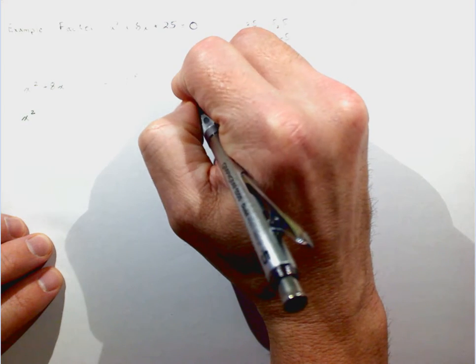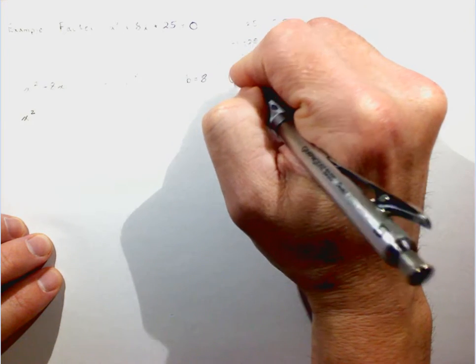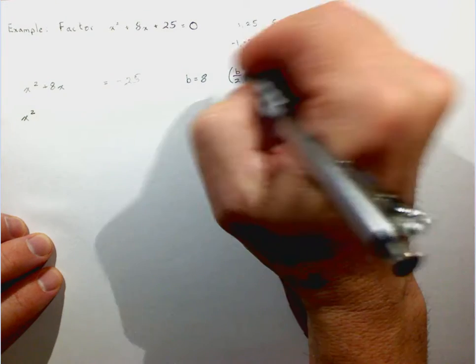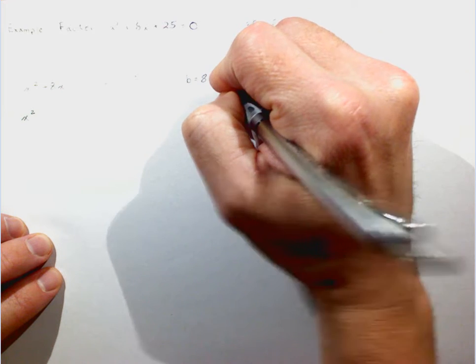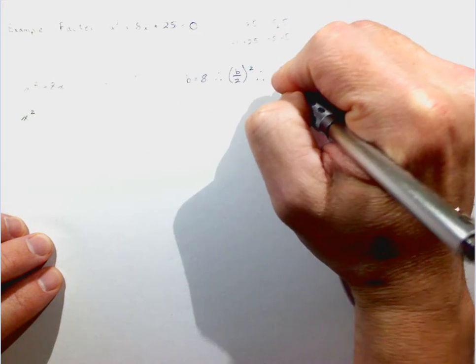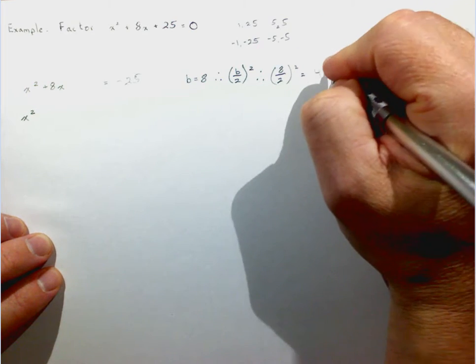I'll write this over here. b equals 8. So therefore I have b divided by 2, squared. 8 divided by 2 squared, which is simply 4 squared.